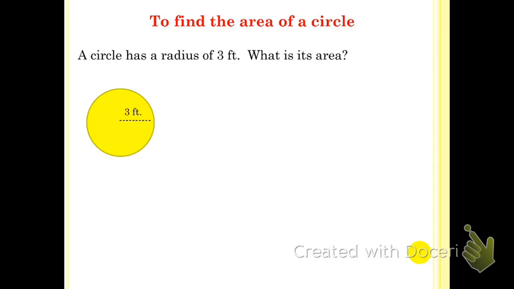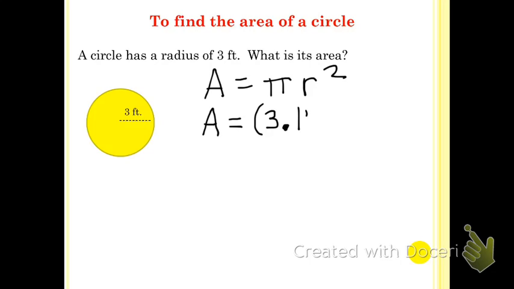A circle has a radius of 3 feet. What is its area? To find the area of this circle, we will use the formula area A is equal to pi times r squared. So area, we will use 3.14 for our estimate of pi. R is our radius, which is 3 feet. And we need to square the radius.